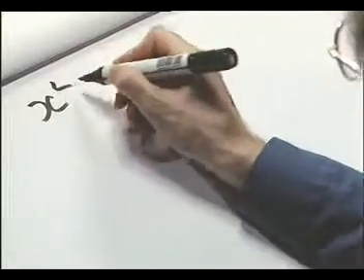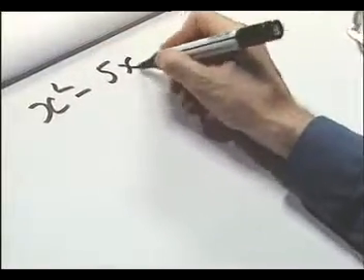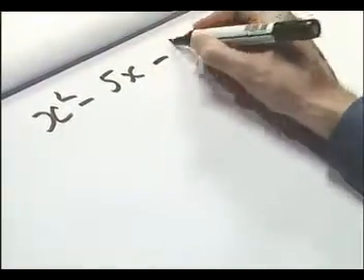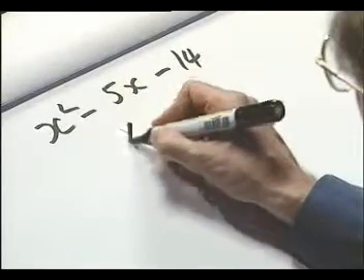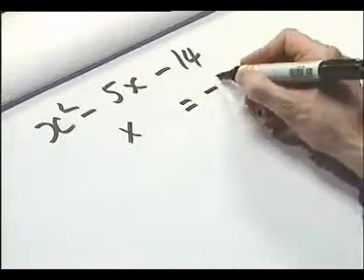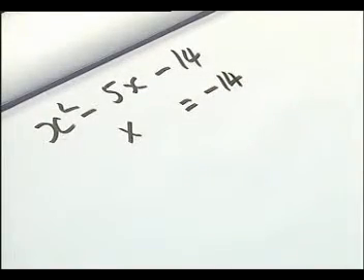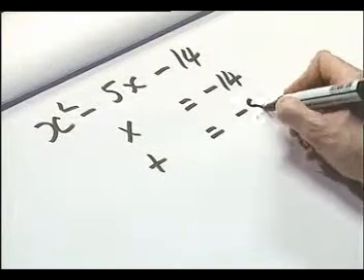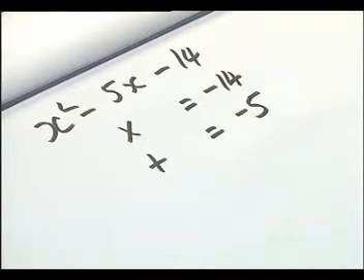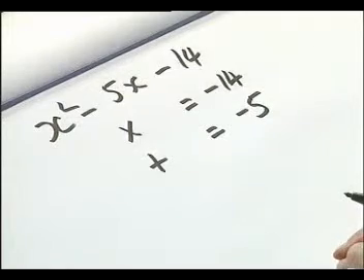x squared minus 5x minus 14. So now, looking for two numbers to multiply together to give minus 14 and add together to give minus 5. Fairly obvious factors of 14 are 7 and 2.